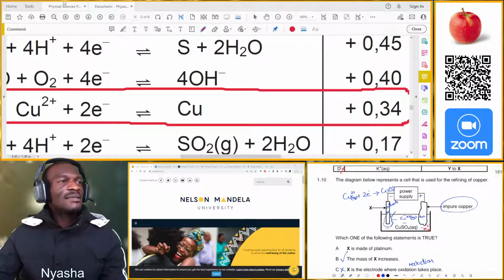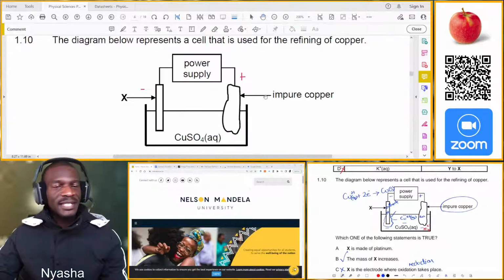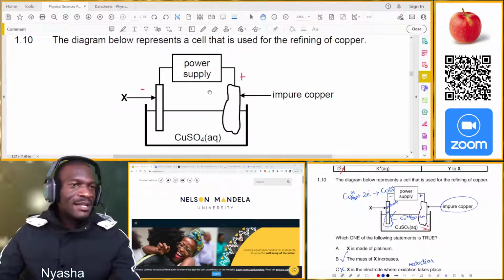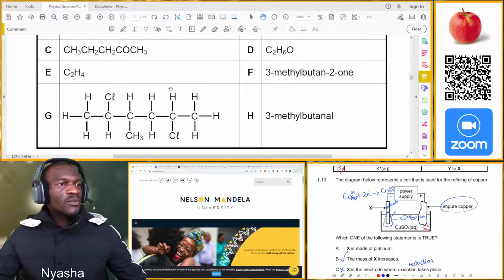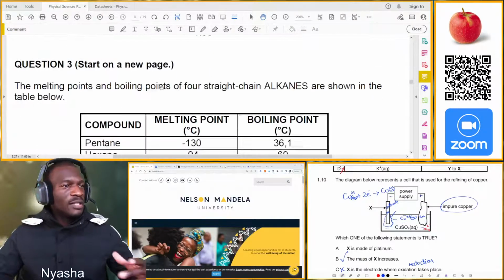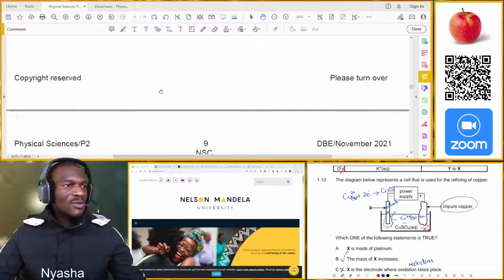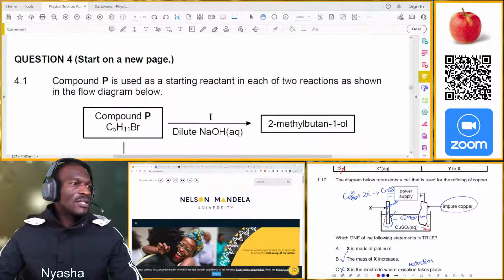Right, so let's move to the question that has a number of questions. We know that there are four free response questions here. So let's just scroll so that we see what's available.